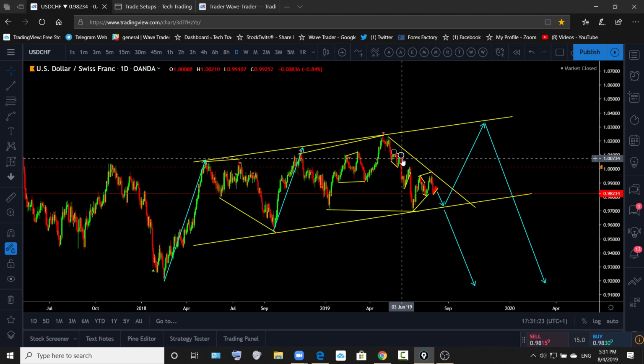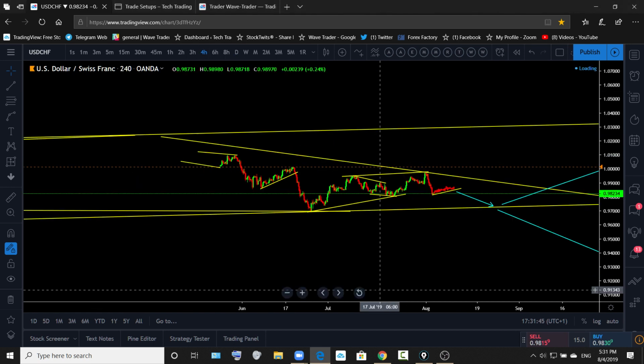So this is the logic behind why people buy gold, silver, yen, and Swiss franc. They want to put their money on secure assets while there is uncertainty in the market. So let's look at the lower time frame, what dollar franc can do.